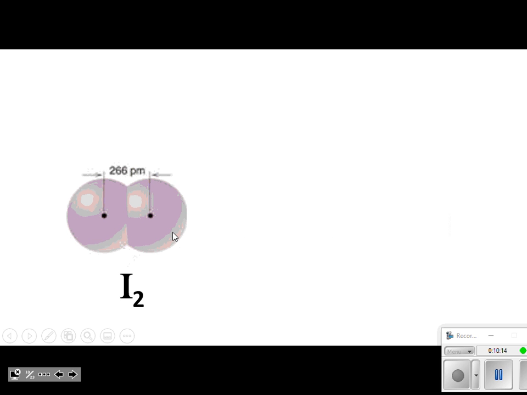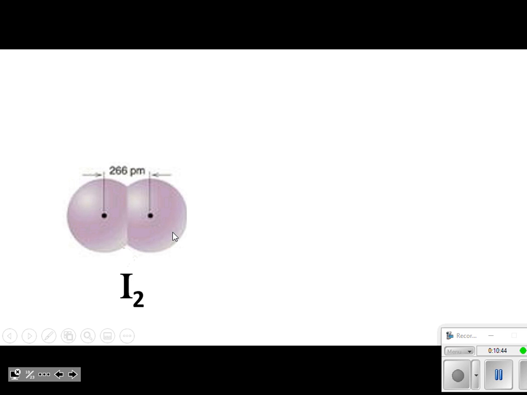Now, let's look at iodine. Anna, why don't you go ahead and find me the electronegativity of iodine? 2.66. Excellent. Everybody with me? Iodine's 2.66.